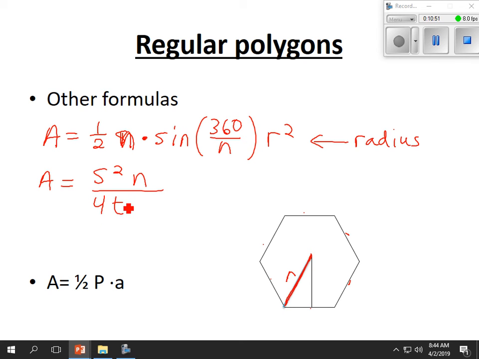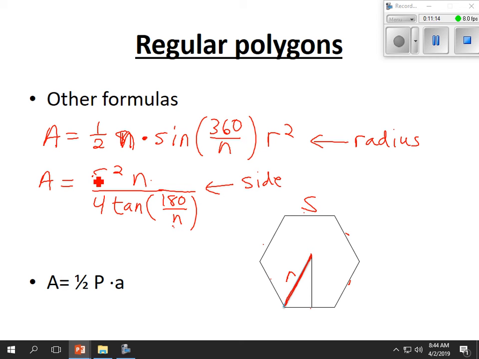4 times tangent of 180 divided by n. This one works if all you know is the length of one of the sides. So if you just know a side length, then you could use this formula because all you got to know is how many sides, which is n, and the length of the side.